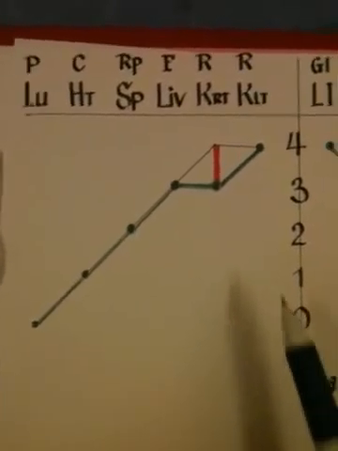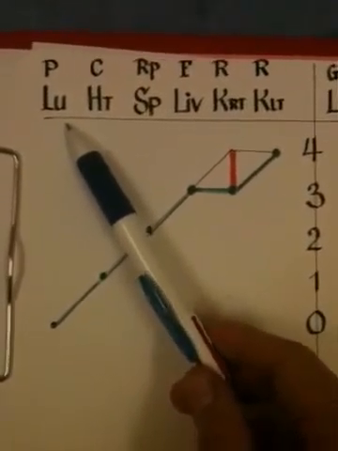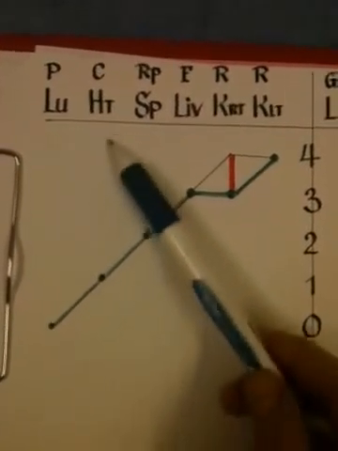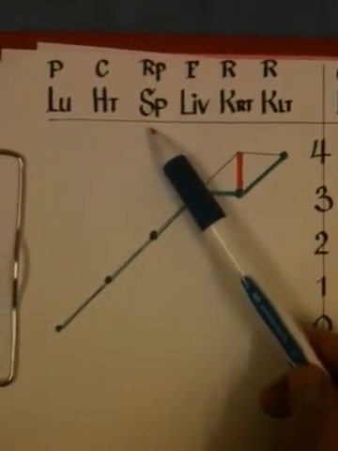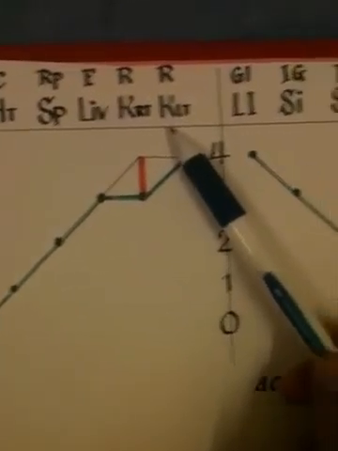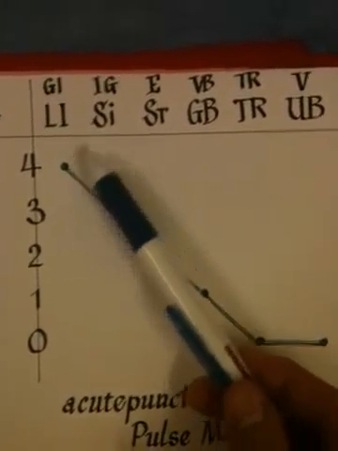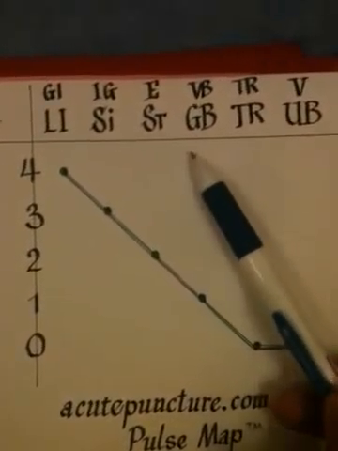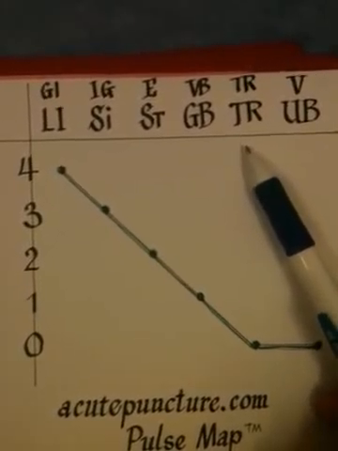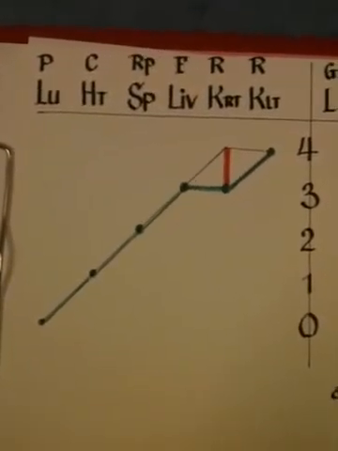Again, I will remind you that here we have the meridians of the yin organs like the lung, heart, pancreas, spleen, liver, right kidney, and the left kidney. And here we have the yang organs like the large intestine, small intestine, stomach, gallbladder, triple warmer, Sanjiao, and the urinary bladder.